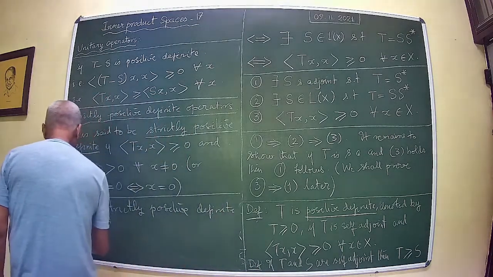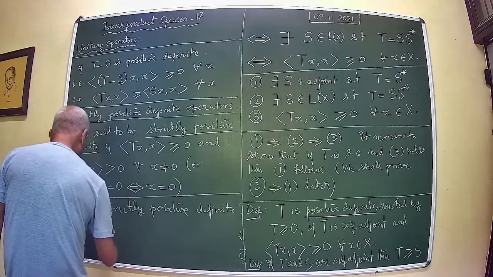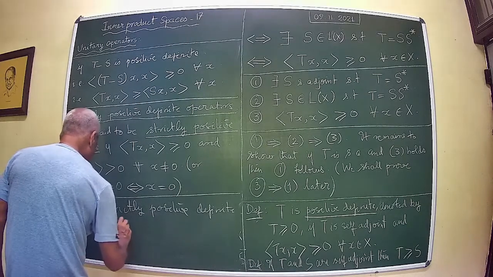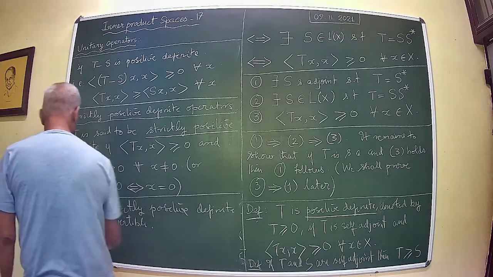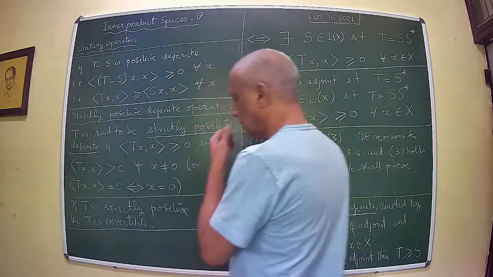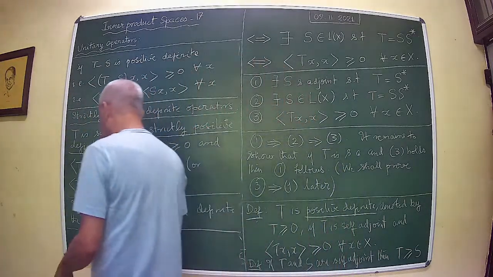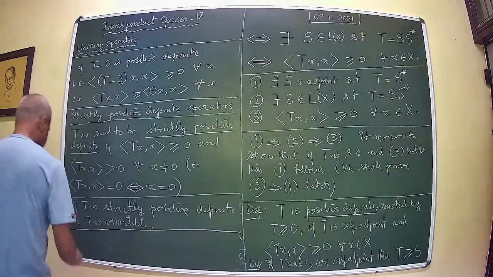then T is invertible. Now the proof of this result is this. This follows from the following.